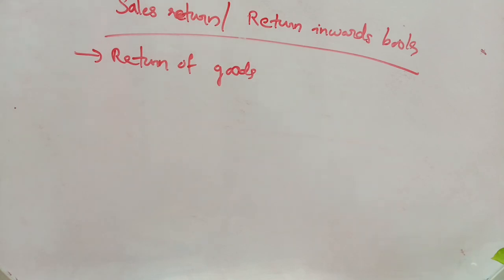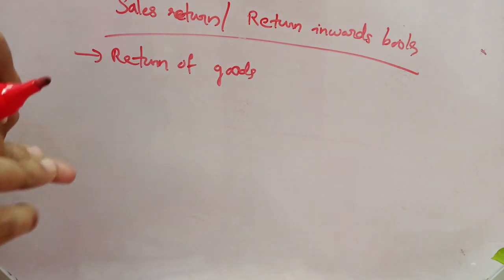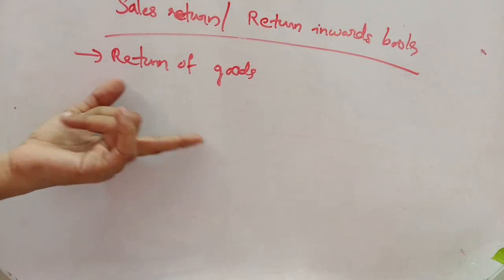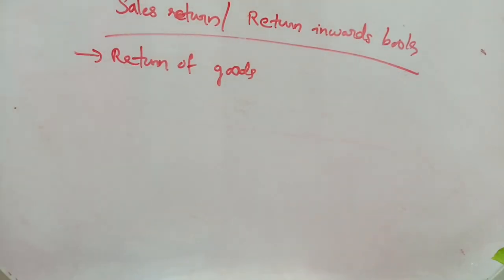It does not record the return of goods sold on cash basis, nor the return of any assets other than the goods in which the firm deals in.